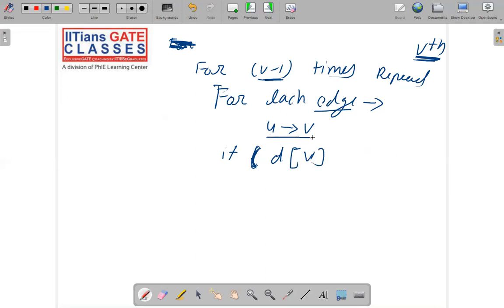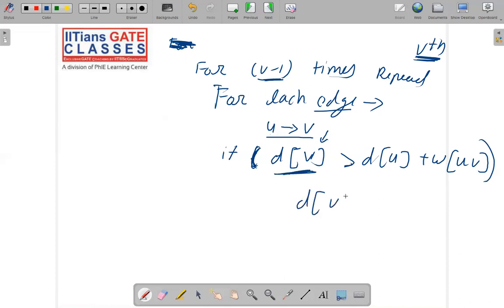For edge u to v, we are calculating the distance for v. If distance v is greater than distance u plus weight on edge uv, then update this distance: dv equal to du plus w uv.